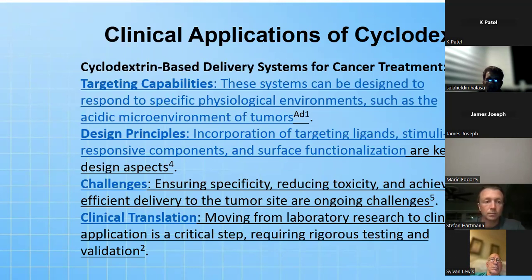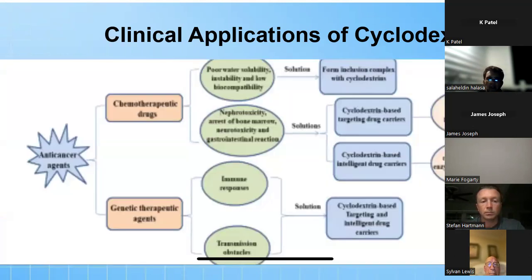Moving from laboratory research to clinical application is a critical step requiring rigorous testing and validation, which our group of chronic disease prevention management leads all the time. And if you see here, anti-cancer drugs, chemotherapy, or genetic therapy, RNA, DNA, or antibodies, all of them have poor solubility, and they have different toxicity because it goes everywhere, right?